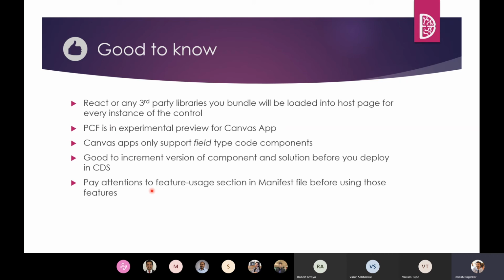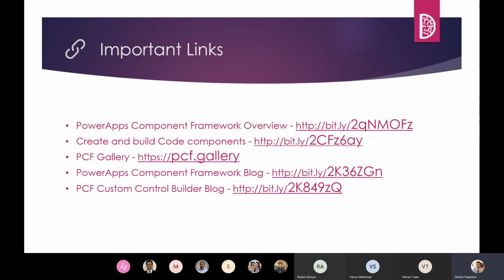And then if you want to use a feature like Web API, you have to make sure that you have activated the Web API feature in the manifest file. Okay. And then I've also provided some of the links, so this would be good to know. Okay. Any questions so far?